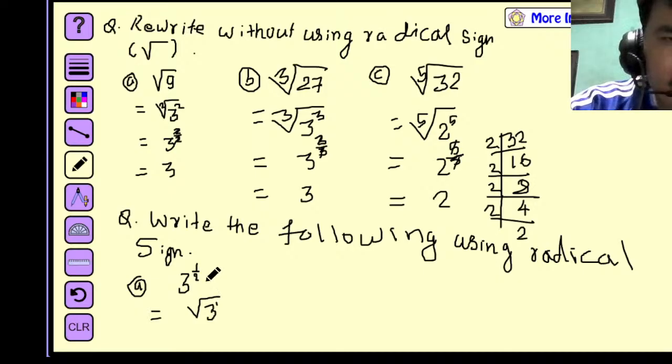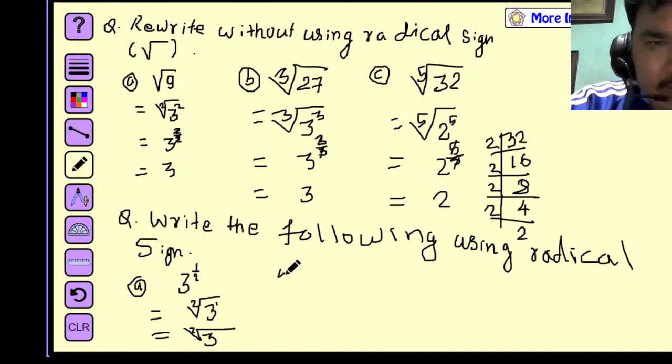Here is 1, and what is below, the 2, will come here as the order, okay? This is square root 3, that will be the answer. If it is 2, then we write the radical symbol without writing the 2 also. That is the same.